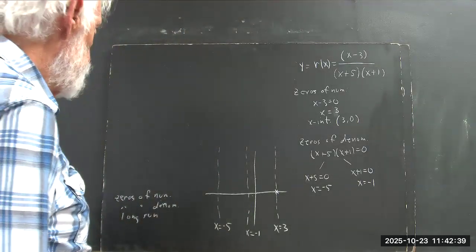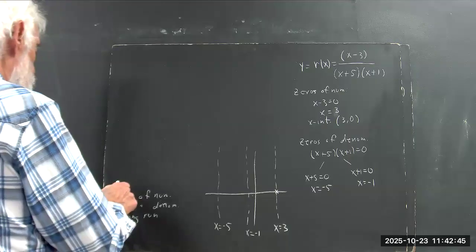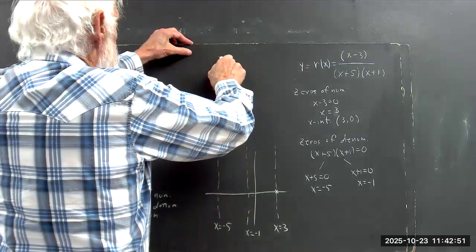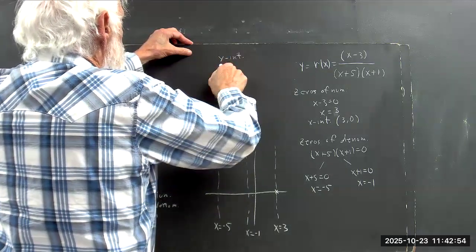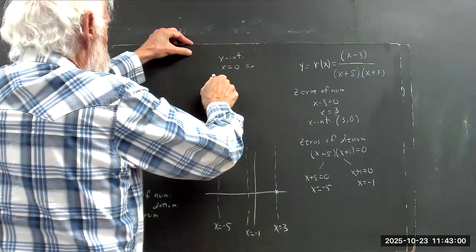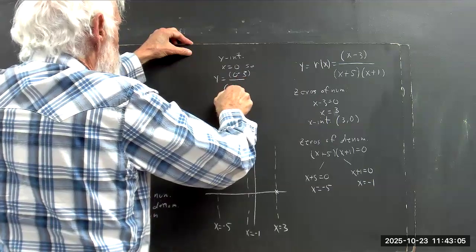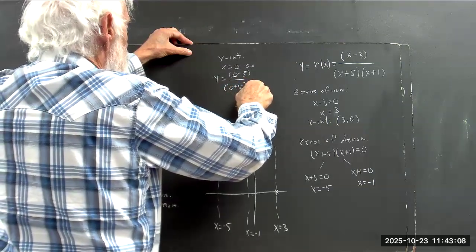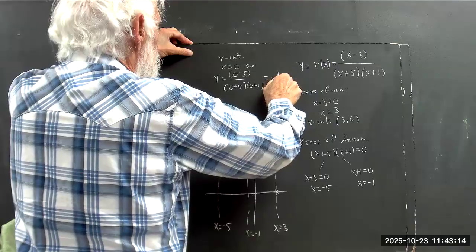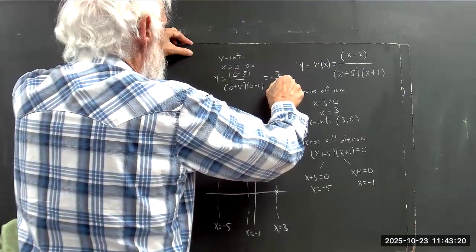Now, what else do we know? Well, I didn't list the y-intercept, and I should have. I could list the y-intercept at any point. The y-intercept: x equals 0, so y equals (0 minus 3) over (0 plus 5)(0 plus 1), which equals negative 3/5.